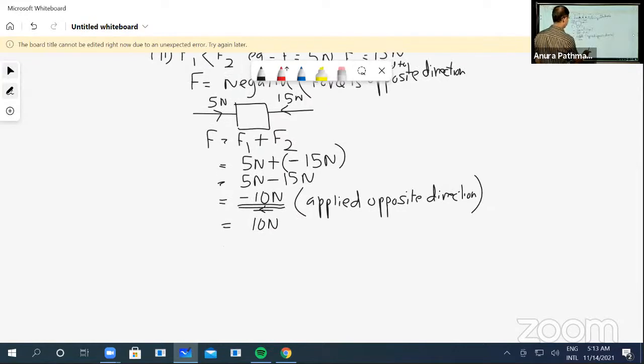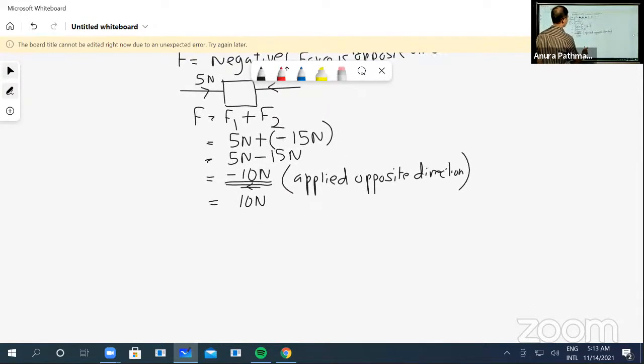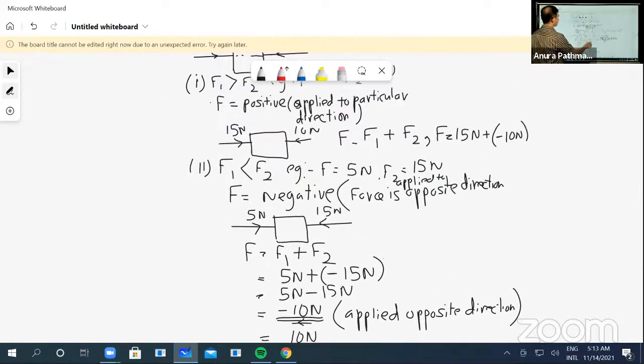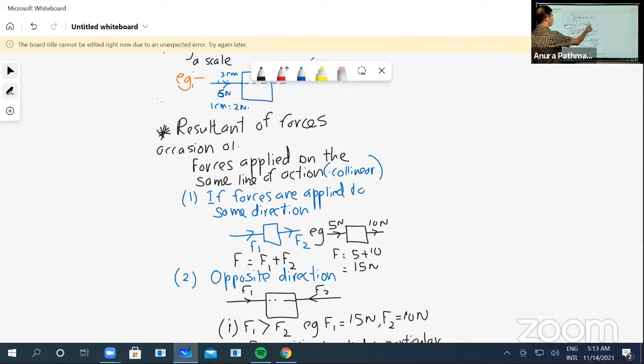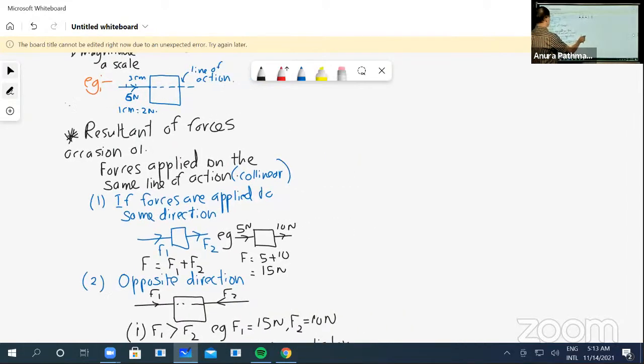Yeah. So then I just went on writing: the resultant of forces, occasion 1, forces applied on the same line of action. And now I am moving to occasion 2.